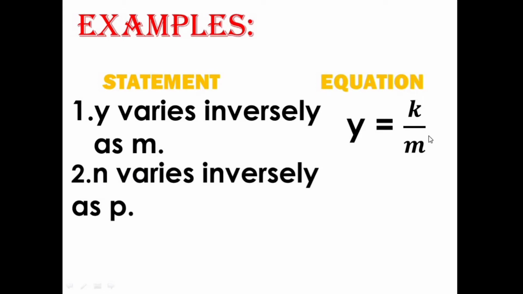Second example: n varies inversely as p. Again, class, what is the equation? The equation is n equals k over p. Again, k stands for the constant.